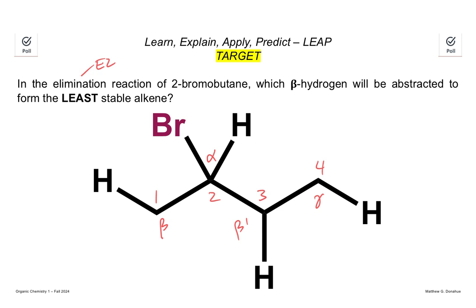So if we eliminate H1, so if we lasso those out and then shove a double bond between 1 and 2, that's going to generate 1-butene. And so we know that it's monosubstituted, so it's going to be the least stable.